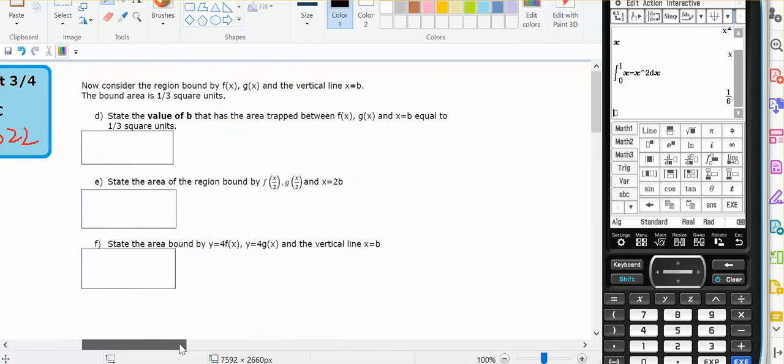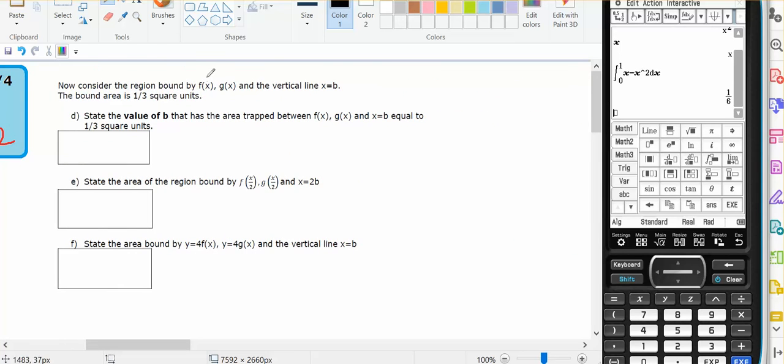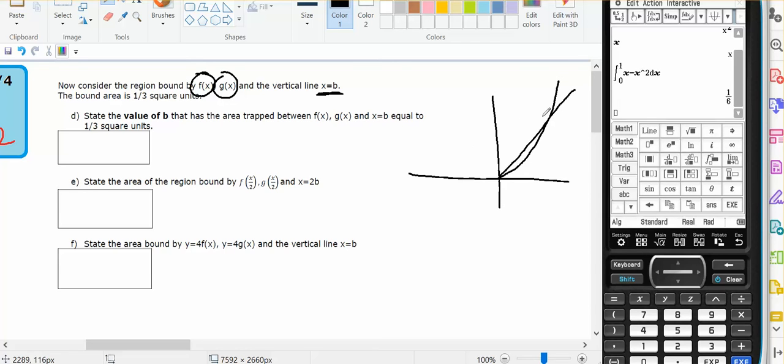Part D then moves to, now consider the region bound by f of x, g of x, and the vertical line x equals b. And I know that the area trapped is 1/3. So this here is 1/6.